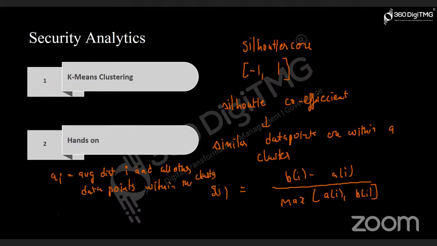Okay, and then you have B of I. B of I is the average distance of I to all data points not within that cluster.